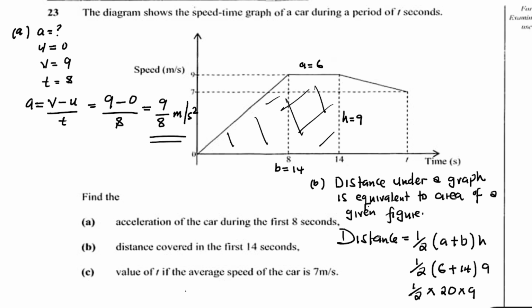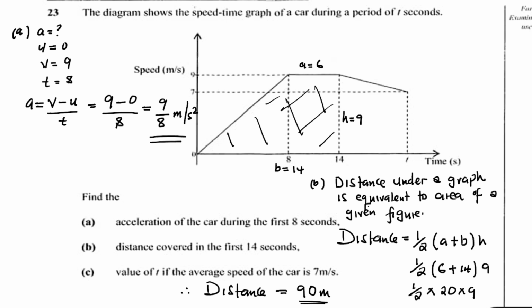So therefore, we can say that distance in the first 14 seconds is equal to 90 meters, meaning half multiplied by 20, then multiplied by 9, we're going to get 90 meters. Okay, we continue.